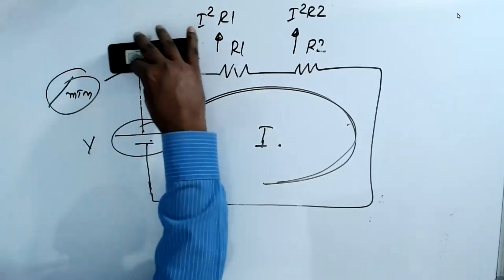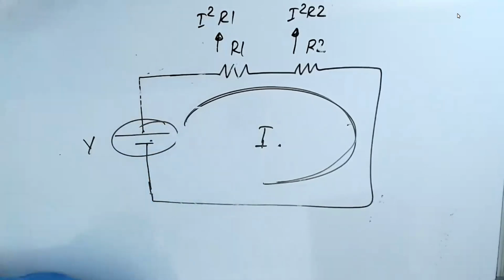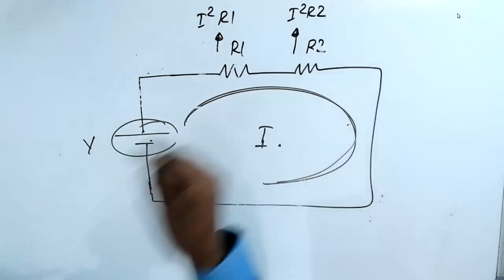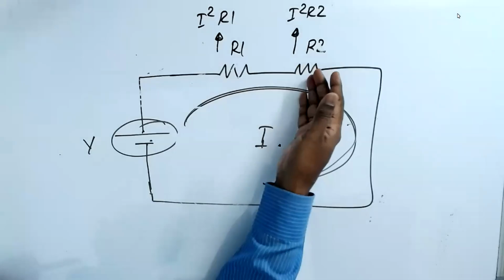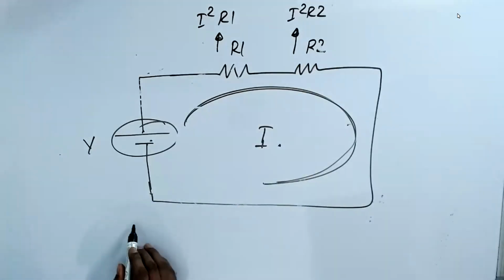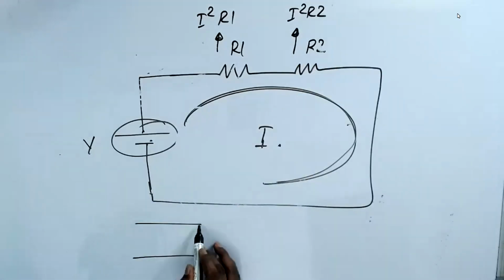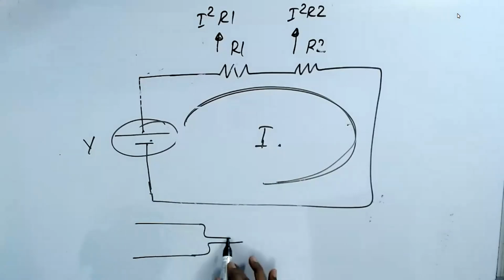Same thing here. I have resistances R1 and R2. The values can be anything. One may be giving you less resistance, one may be more, doesn't matter. For example, I have a big tube and a small tube, and the water goes through.